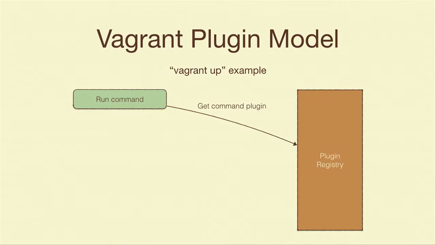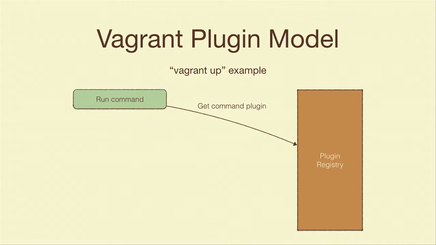So let's take a look at what actually happens when you run the vagrant up command in your terminal. Frankly speaking, when you run that command, first of all, Vagrant tries to parse what arguments you have specified in the command. In our simple example, we have only one argument, up, which is considered by Vagrant as a command which could be executed.